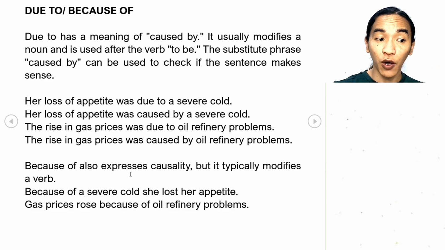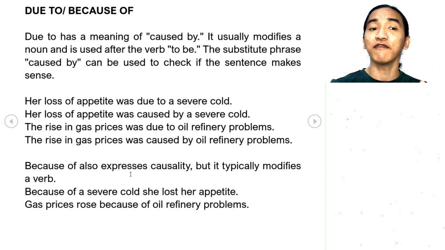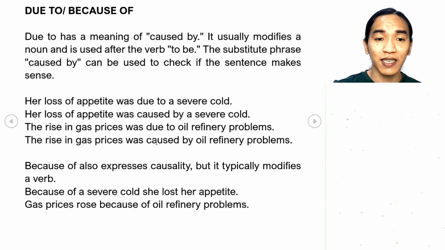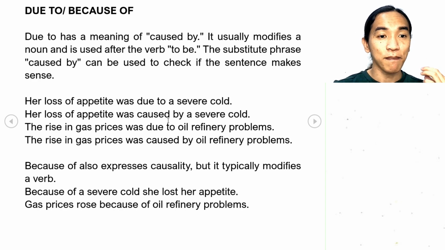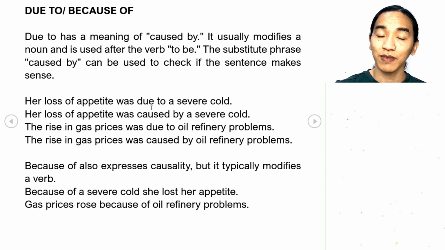So these are just a few. We have more, but these are just the things that I want you to remember first. So please keep on practicing. Master all these terms so you will not be confused with them anymore. I hope you find our lesson today very helpful.